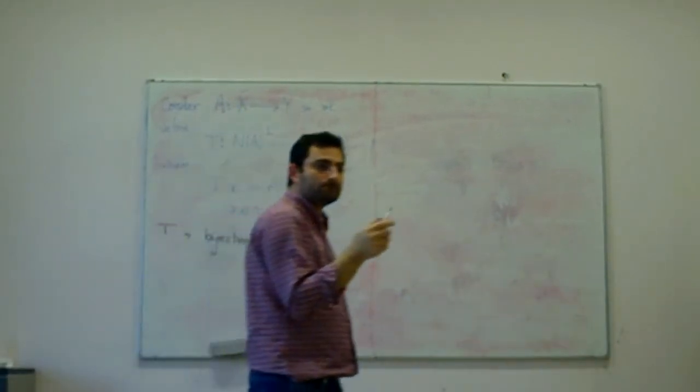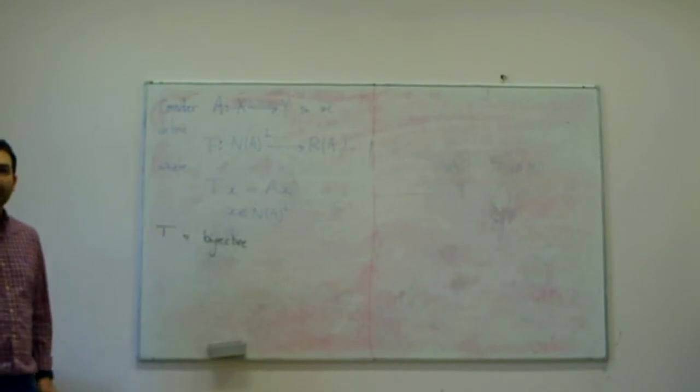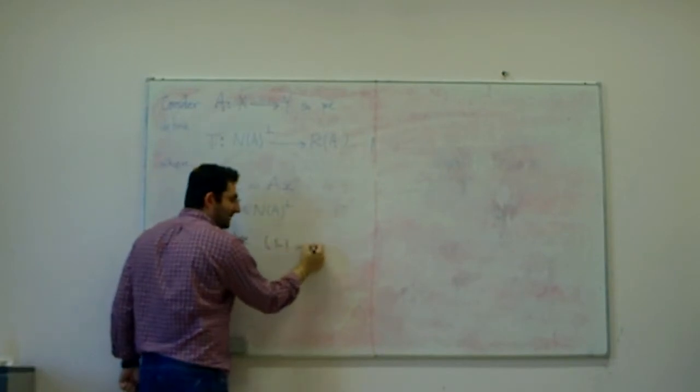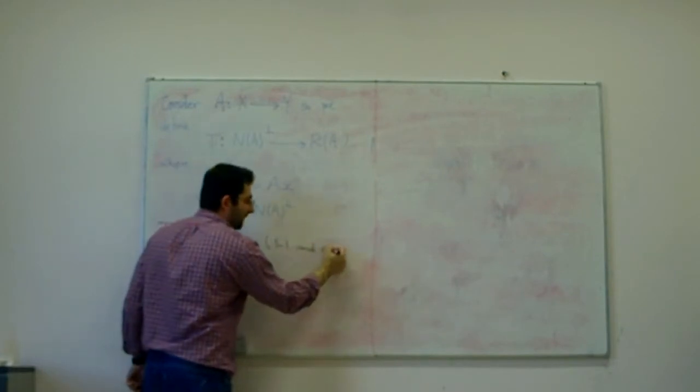bijective. What's the meaning of bijective? What is the meaning of bi? Two. So what are the two properties that it has? One to one and onto.